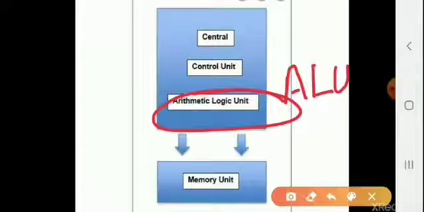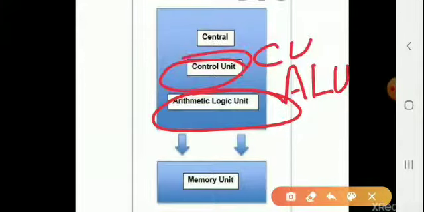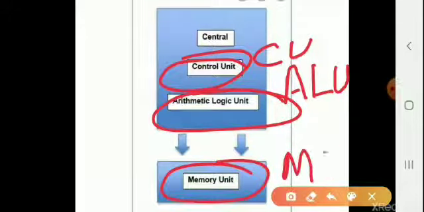Then second one, control unit, or in short CU. The CU controls the actions of the computer and tells other parts of the computer what they have to do. Understood? Then the last one is MU, or memory unit. The memory unit stores data or information temporarily.